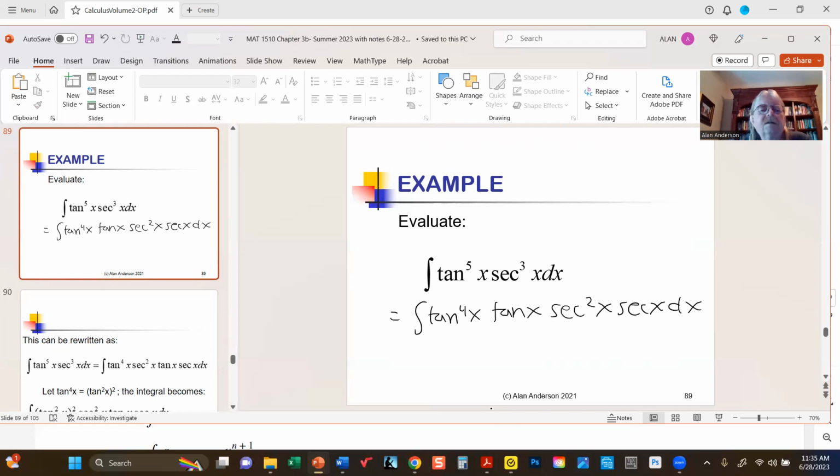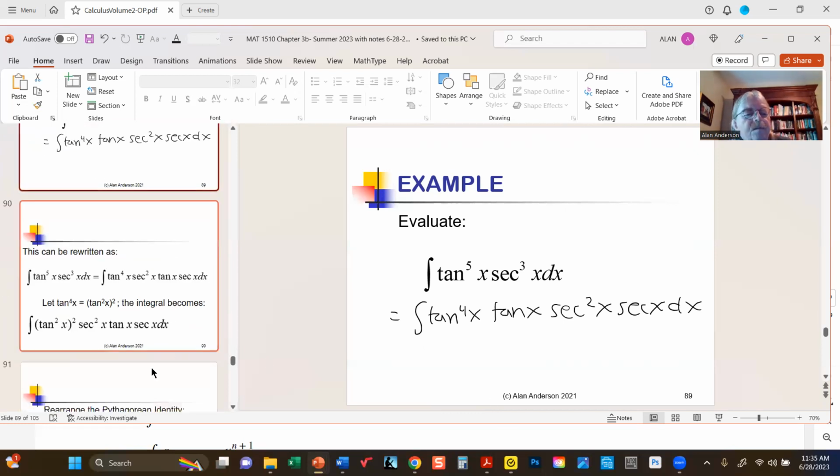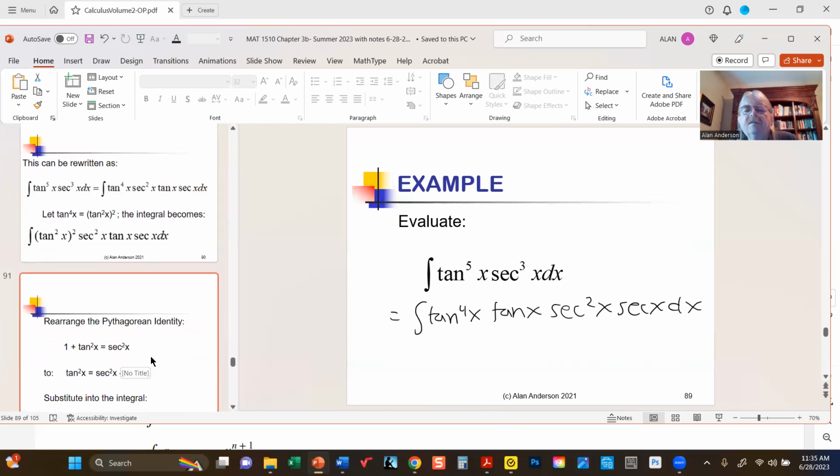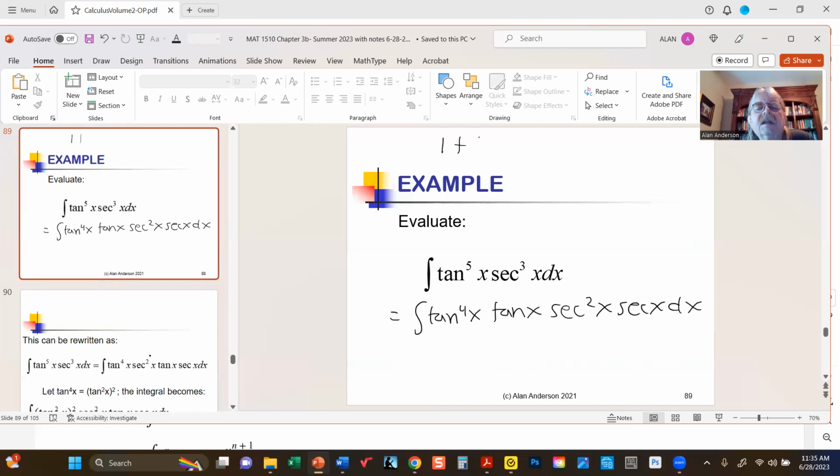Now what we can also do, and keep in mind, there's always a chance that we might need one of these Pythagorean identities. These are written in terms of squares. So here's a possibility.